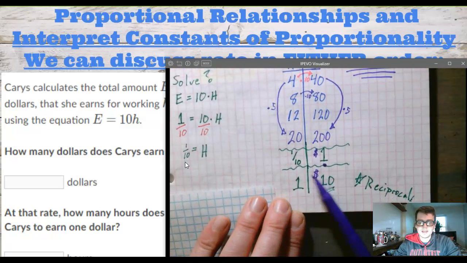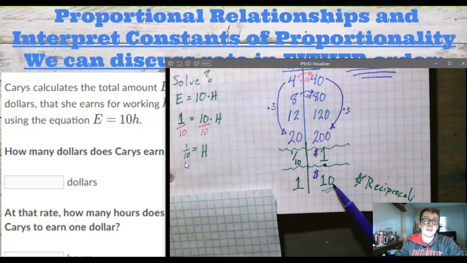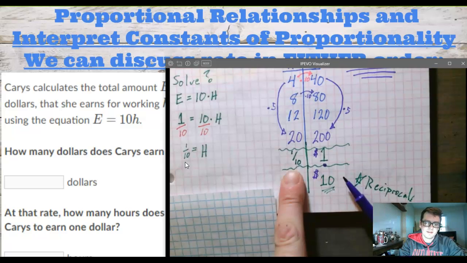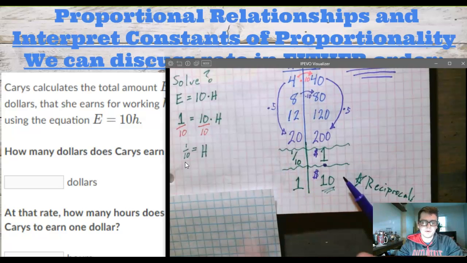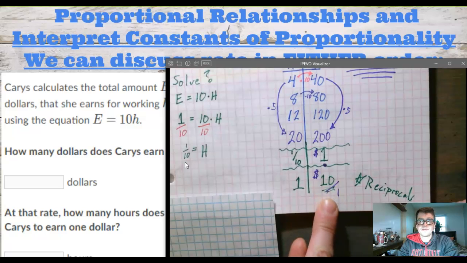It's the reciprocal. And if you've done your Khan Academy practice already, you may have noticed this with these problems. When they switch around what they're asking us, the answer becomes the reciprocal. 1 over 10, 10 over 1.